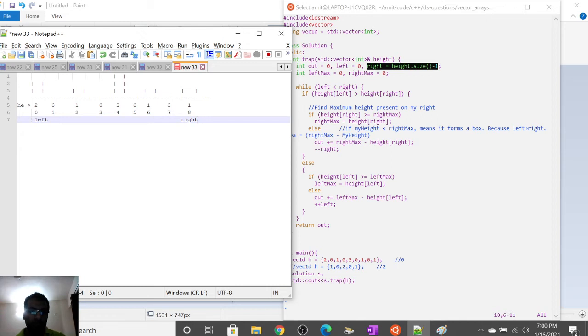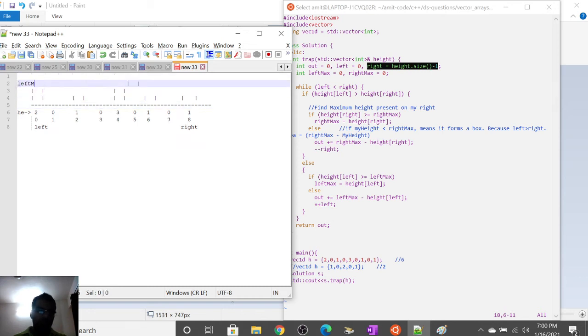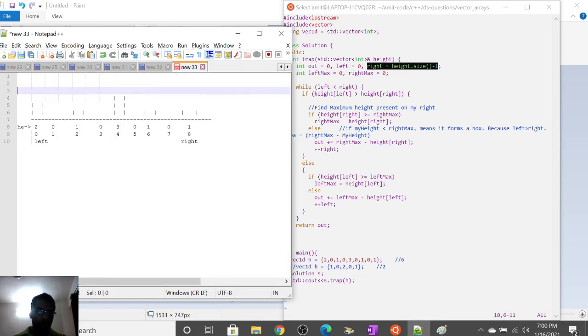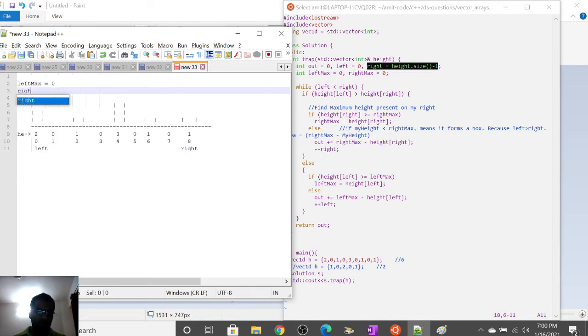Now at this position, that is at index 8, I'll take two variables, left max, which will initially be 0, and then right max, which will initially be 0 as well.